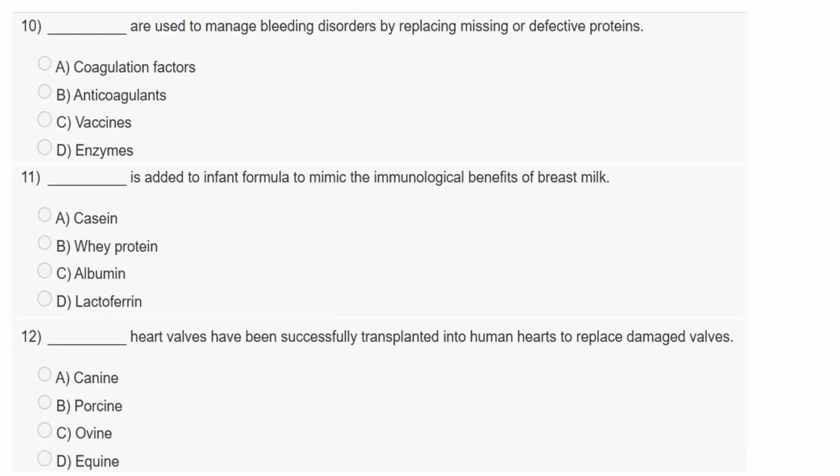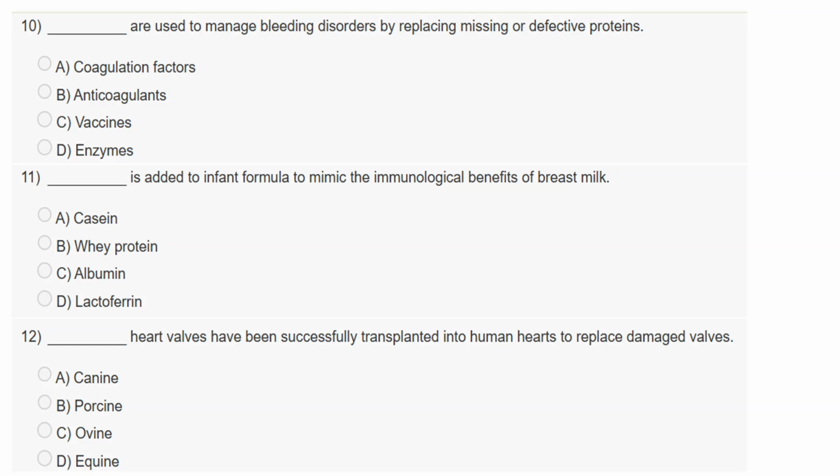Question number 10. Dash are used to manage bleeding disorders by replacing missing or defective proteins. If we talk about hemophilia, the problem is that the blood cannot coagulate. So for the treatment of bleeding disorders, what can be used?